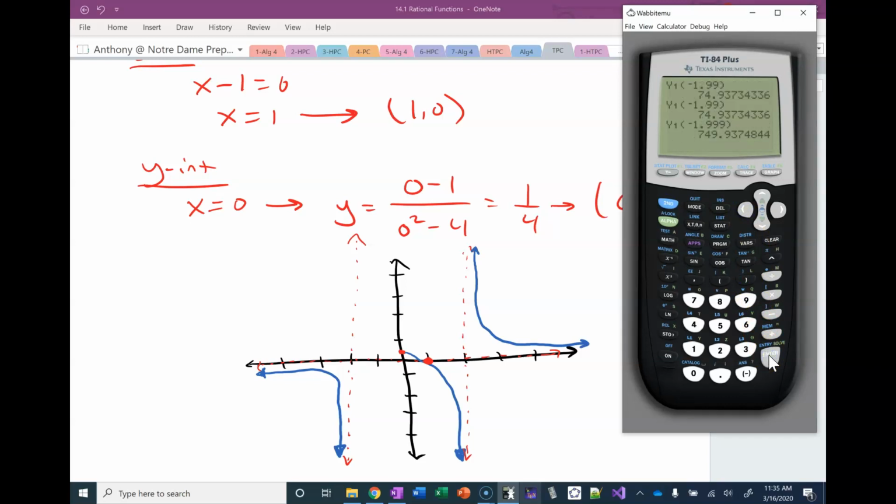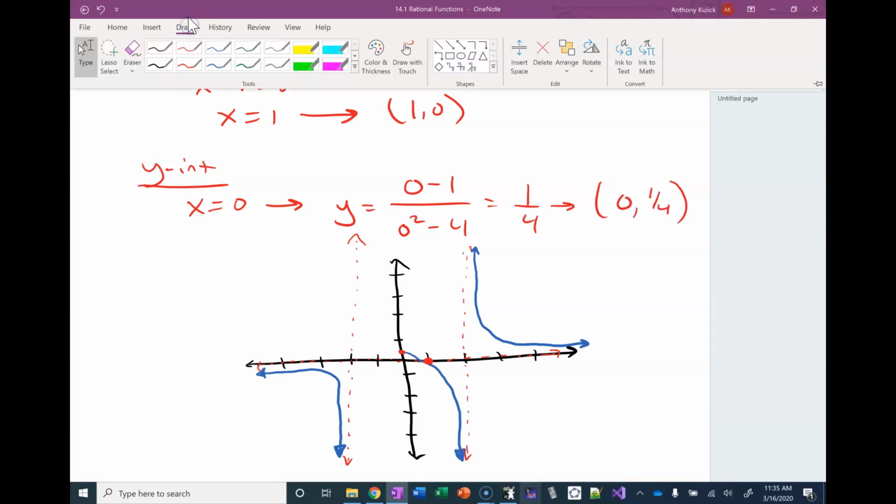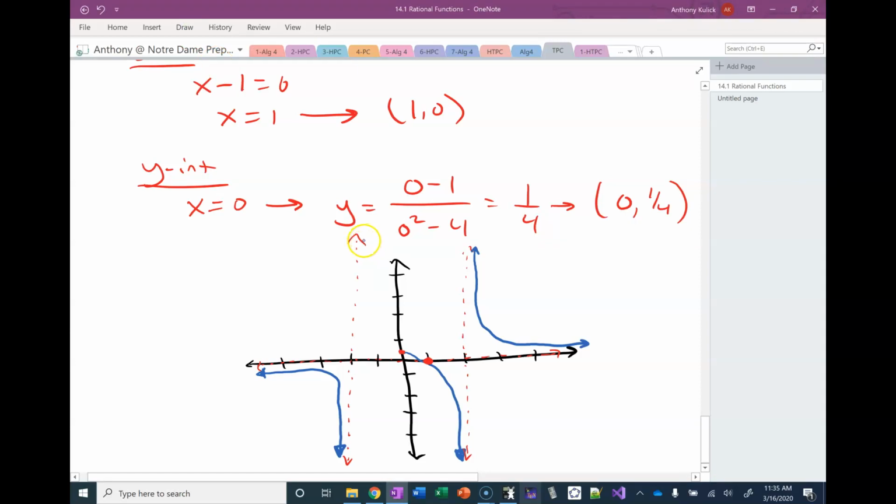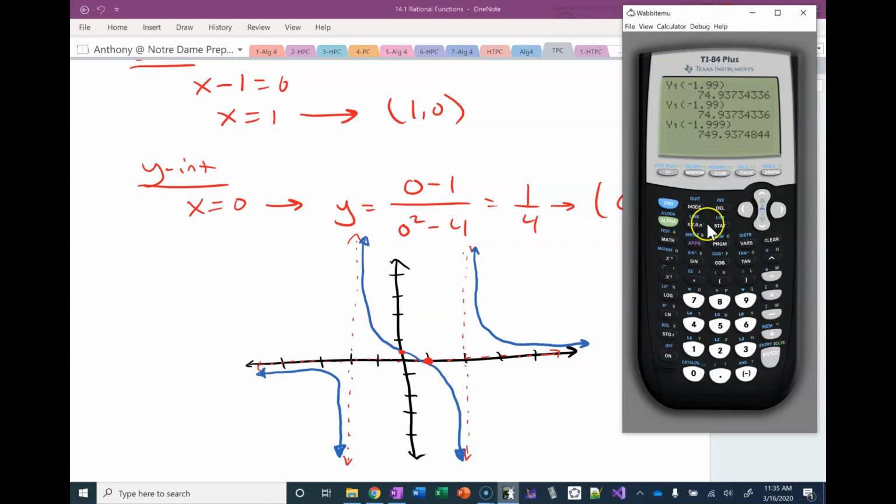And here we're getting larger and larger and larger values. So it must be looking like this. So there's my first graph. And you'll notice that when I graph this on my calculator, very similar response, or matches what I got there.